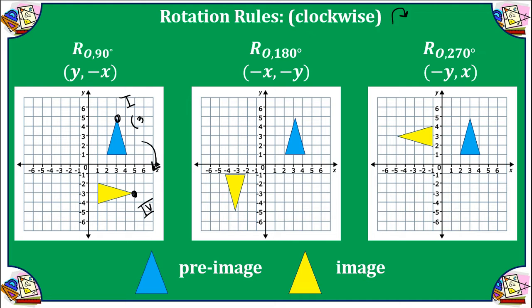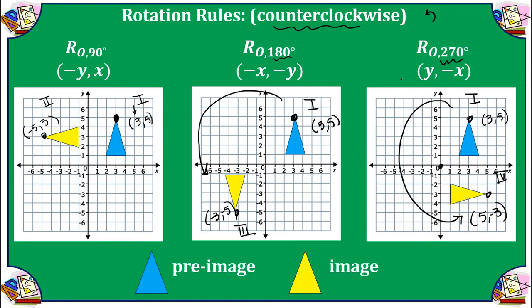We have our reference point (3, 5). Now it is (5, -3). You can see that the x changed to the opposite, and the y stayed the same, and then they switched positions. So this 90-degree rule for clockwise is the same rule as the 270 counterclockwise.